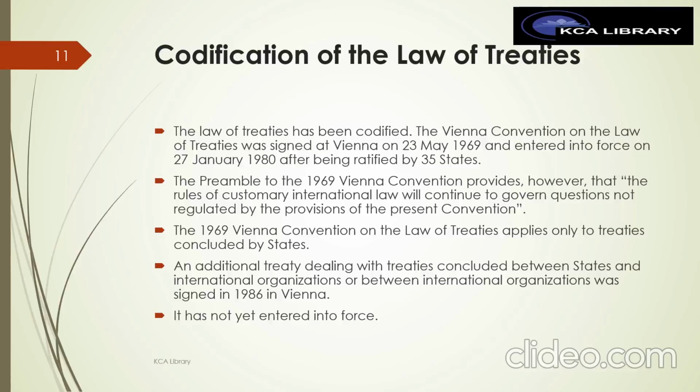The 1969 Vienna Convention applies only to treaties concluded by states. An additional treaty dealing with treaties concluded between states and international organizations or between international organizations was signed in 1986 in Vienna. It has not yet entered into force.